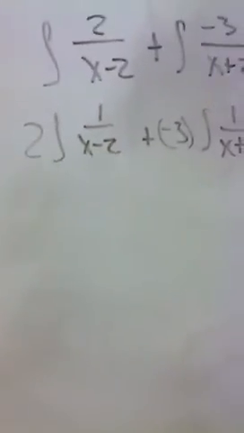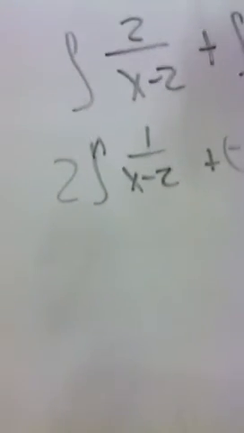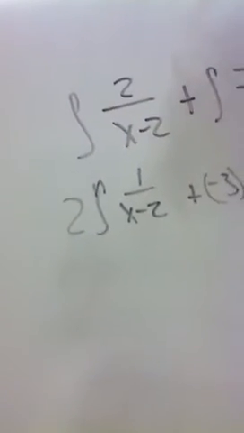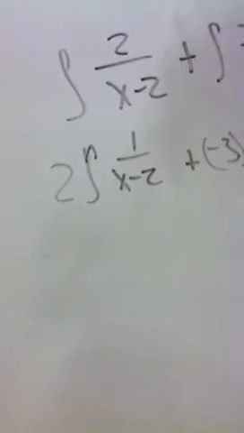So now that you have this, the integral of 1 over x minus 2. The integral of 1 over x is just ln of x, and since it's x minus 2, it would be the ln of the absolute value. You have to make sure you put absolute value whenever you're doing integrals of logs.